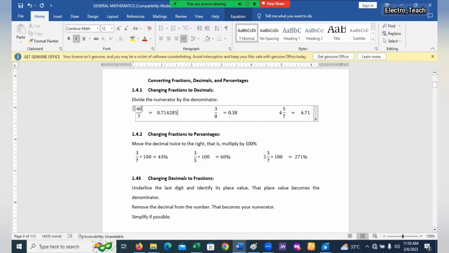Now, when you have it this way, you will realize that you have a long line of decimals. So from here, you can approximate. If you want to approximate, for instance, to 4 decimal places, this number can be approximated to 0.7143. This 8, which is the 5th one, will be approximated.